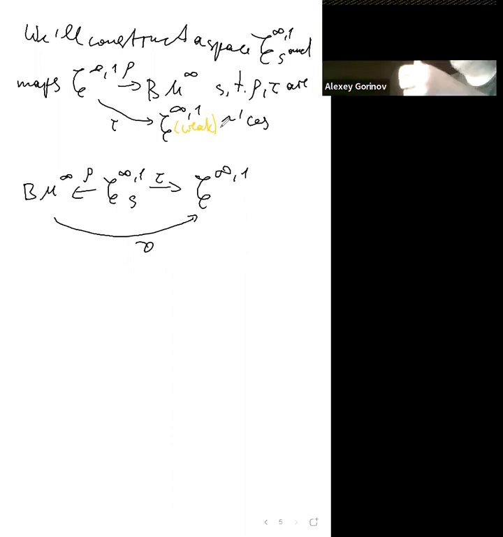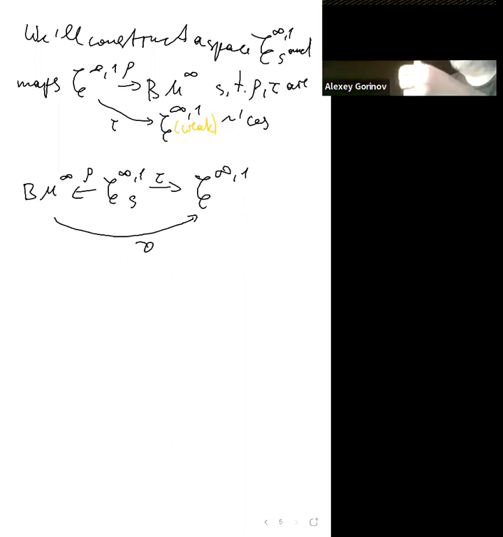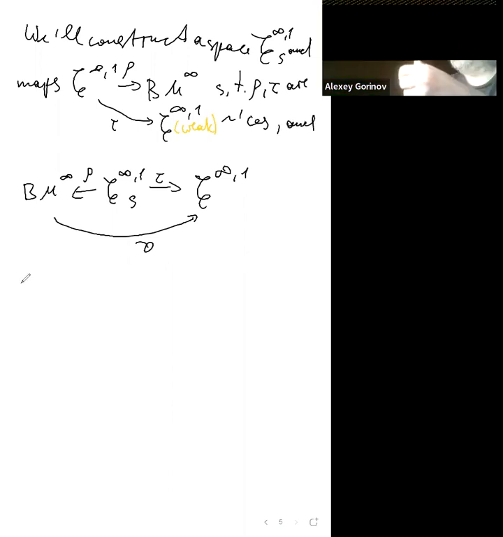So the word weak is written in weak yellow, just to stress the point. And the diagram homotopy commutes.